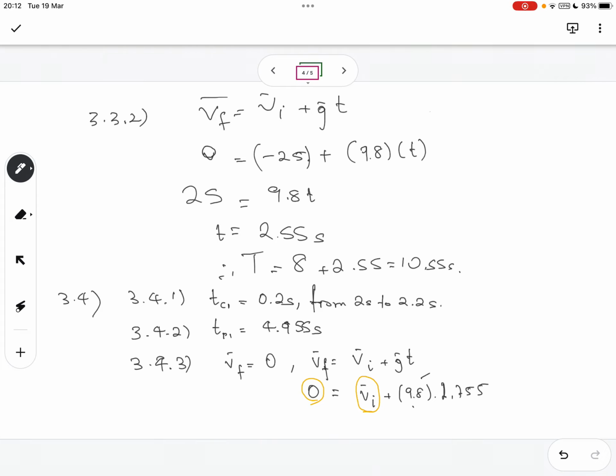Now we've got the acceleration due to gravity, and we've got the time difference, 2.755. So we can work out V initial, which is negative 9.8 times 2.755.